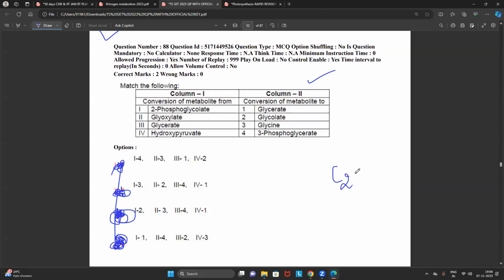Wonderful, this is from the C2 cycle. Whatever steps we discussed in yesterday's class, the same steps they asked in the exam. No change at all. Come on, quickly. Slowly, every student analyze the question. Don't hurry.